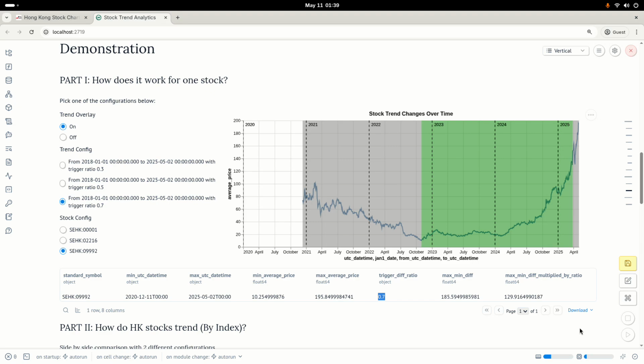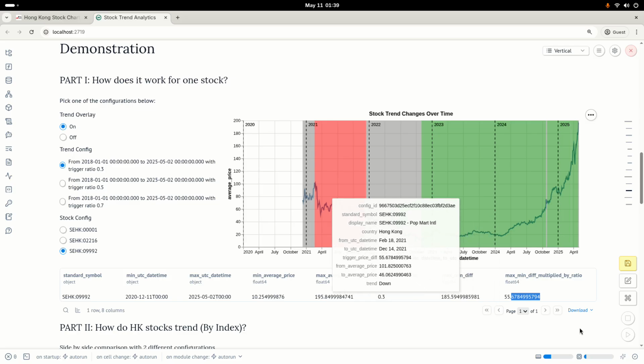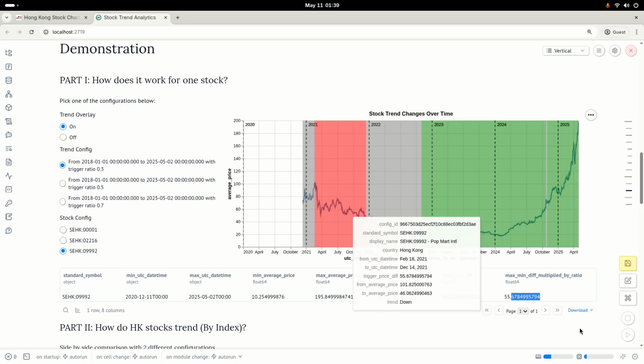To do that, we can pick a smaller trigger ratio. Here, there's this button. With the trigger ratio 0.3, the trigger price difference is now 55.6, and this area is highlighted as a downtrend.